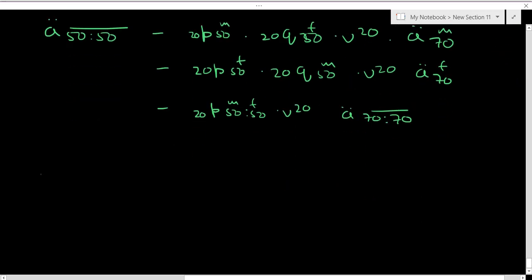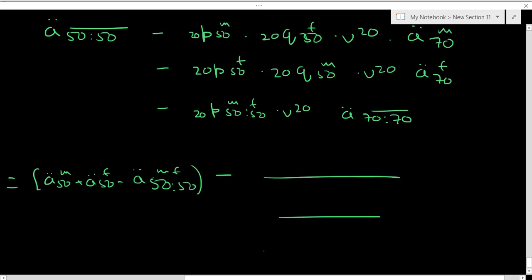And then what you have to do is you have to take this as A due 50 plus A due 50 minus A due 50 50. This is male, this is female, this is male female. That is, I'm applying single plus single minus joint in this case. You have to take all these cases, case 1, case 2, and in case 3 again you have to apply single plus single minus joint here.